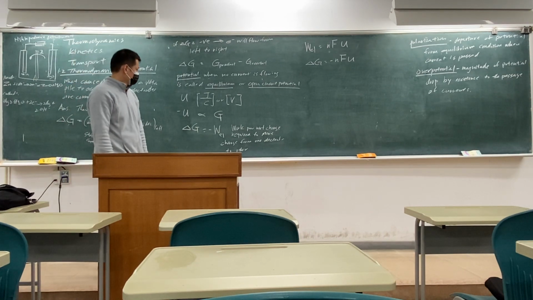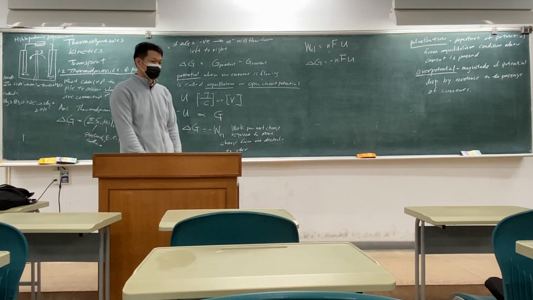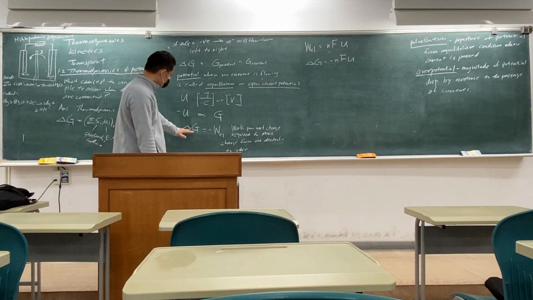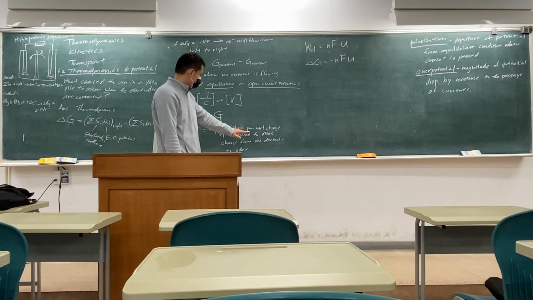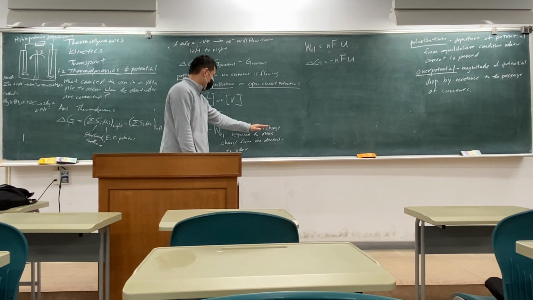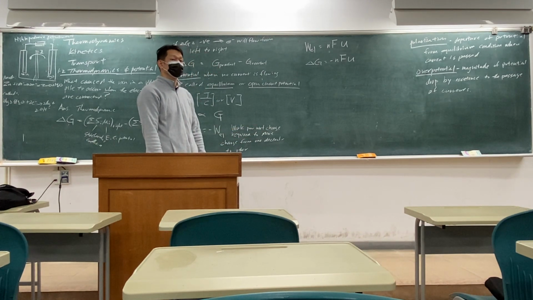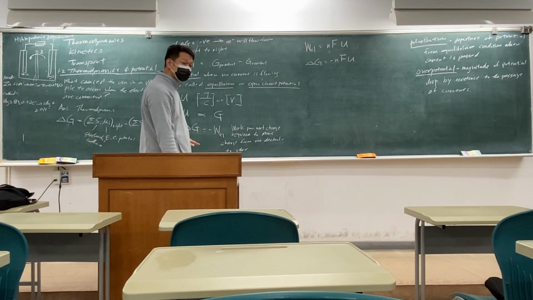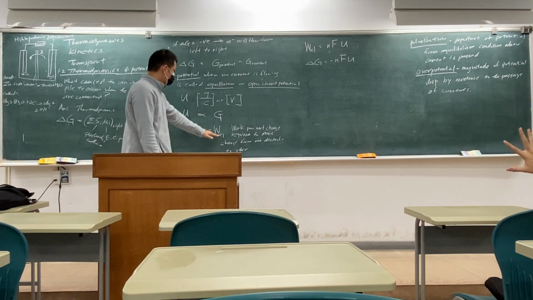好吧？然后这个 U，我们想要知道它跟 G 有什么关系？首先，delta G 是跟 work 有关的。This is the work to remove one unit charge from one electrode to the other.